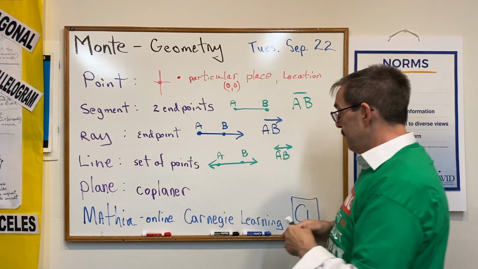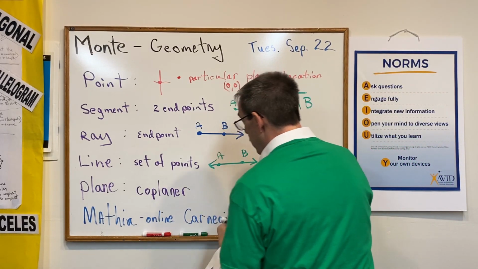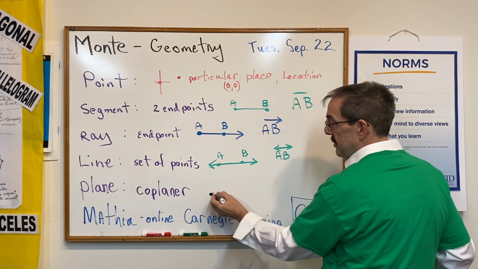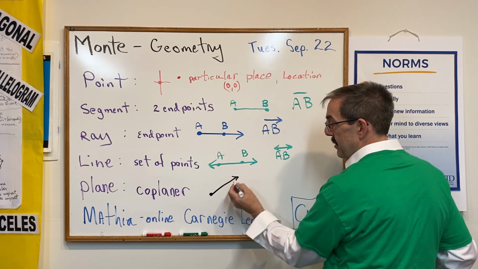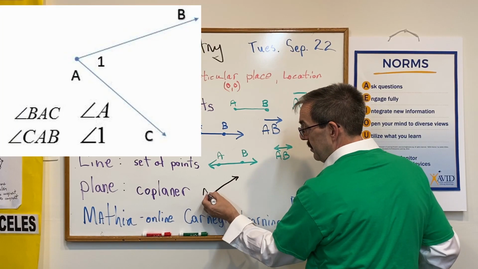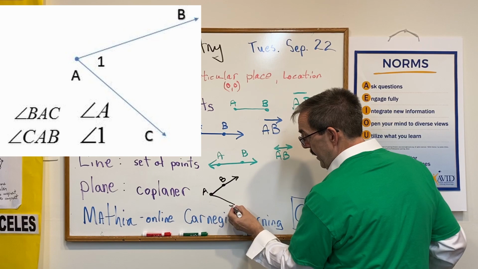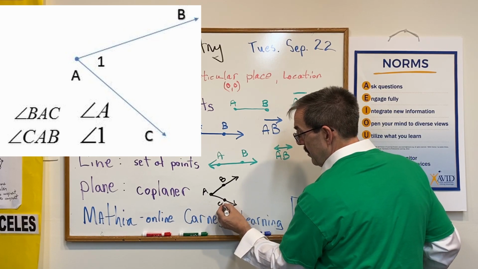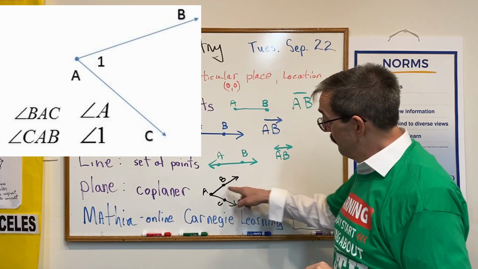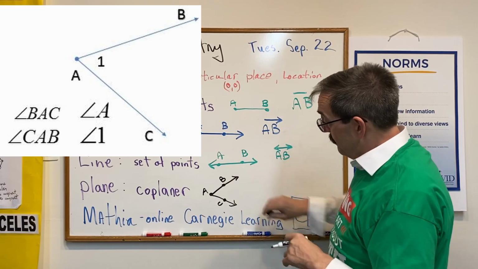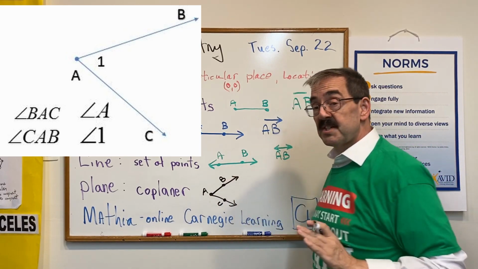angles. What makes up an angle? So let's just look at that real quick. You have a point and a ray, same point, and a new ray. So an angle can be made up of two rays. It could be made up of two segments.